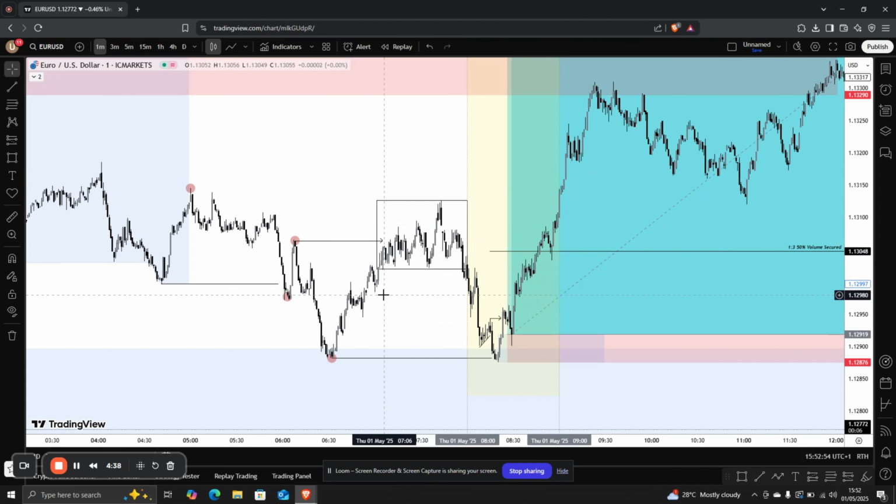So I woke up around 7 and I started watching the markets around this time, and I saw this kind of distribution schematic. What I've noticed from my back tests is that when price action moves like this before London open, it normally fuels a liquidity grab.